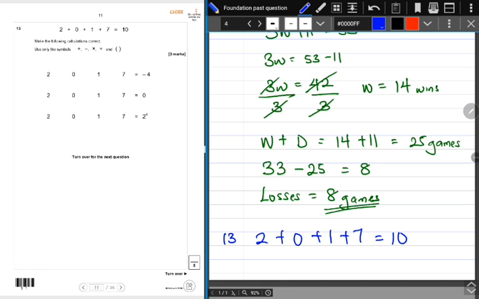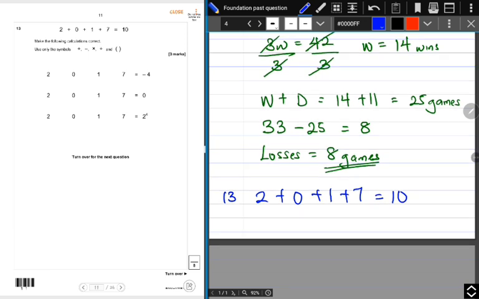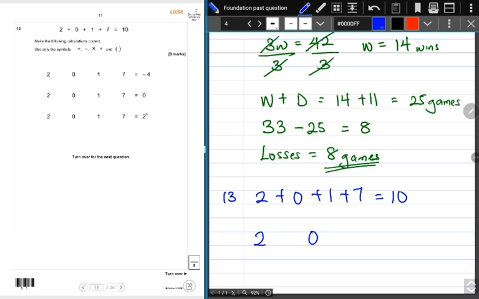Okay, so for the first one we're having minus 4. So this will be 2 0 1 7 equals minus 4. So now let's input the values so we can get the right answer.